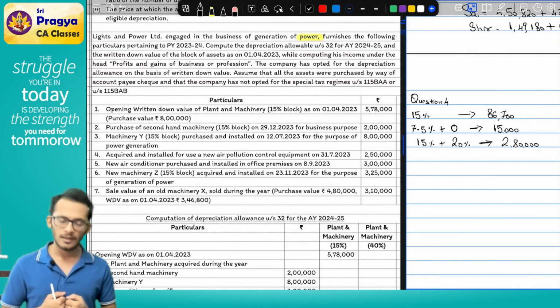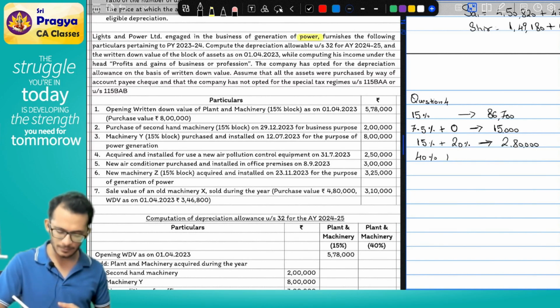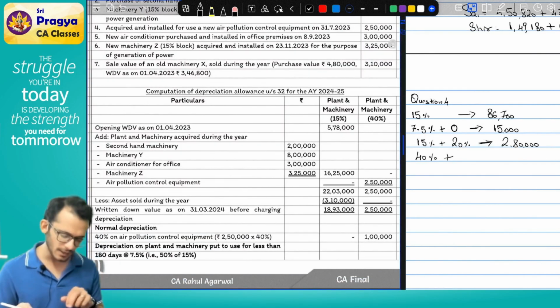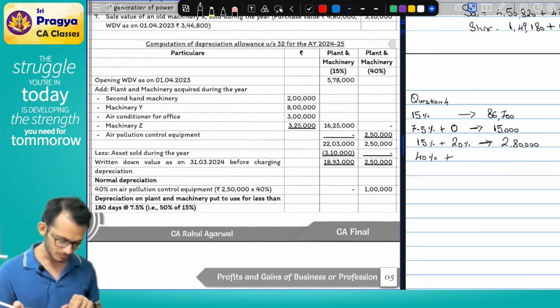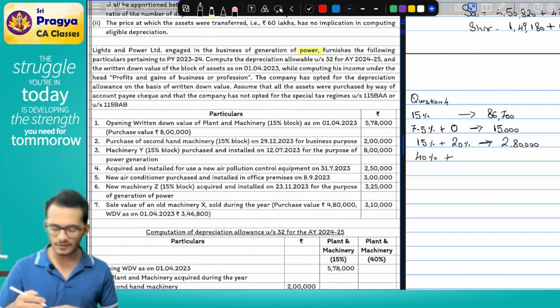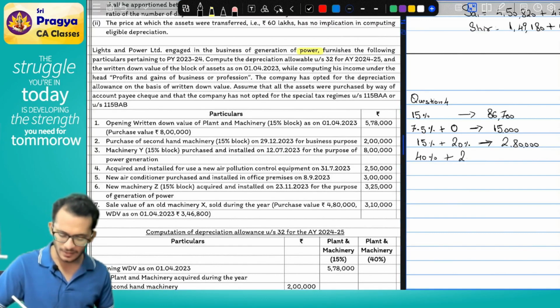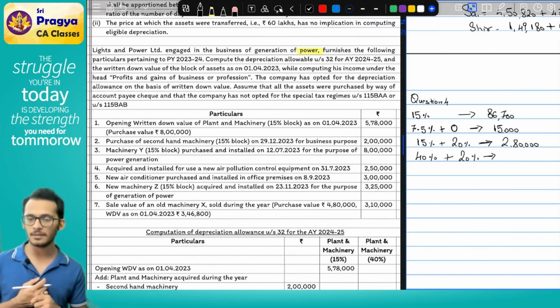More depreciation means the rate is 40%. Now, will you get additional depreciation? You will get additional because it is plant and machinery. Therefore, the rate is 60%. The number was 2,50,000 into 60%.